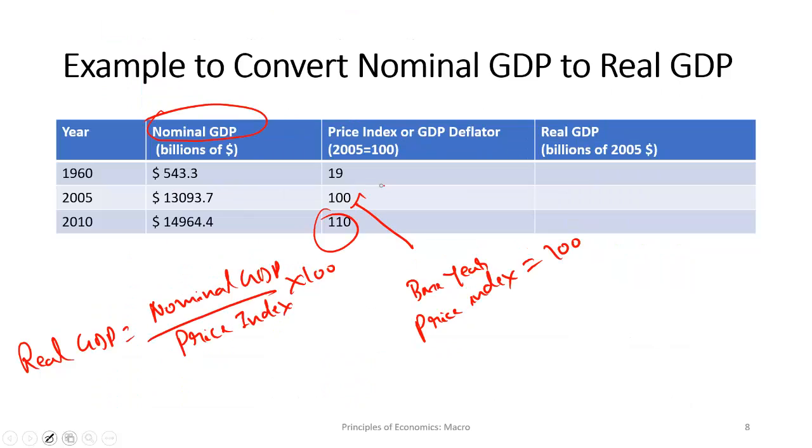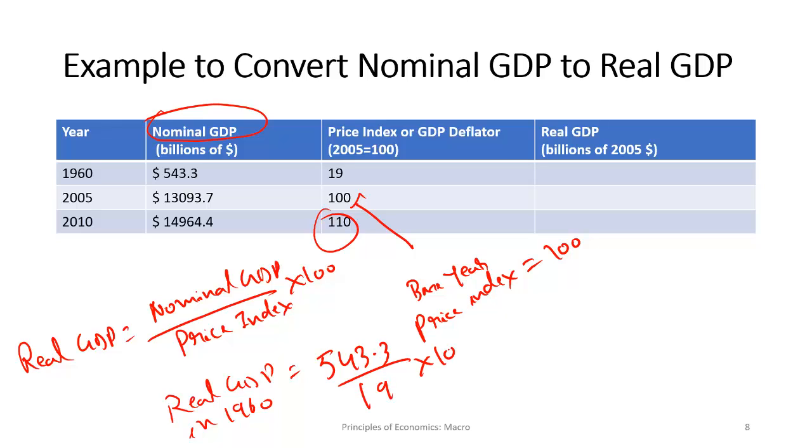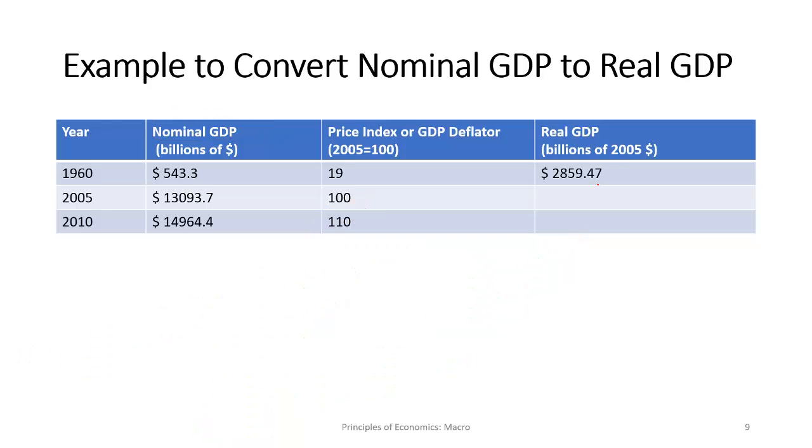So real GDP in 1960 is 543.3 over 19 times 100, and that gives you $2,859.4 billion. So this is the real GDP in 1960 at 2005 prices.